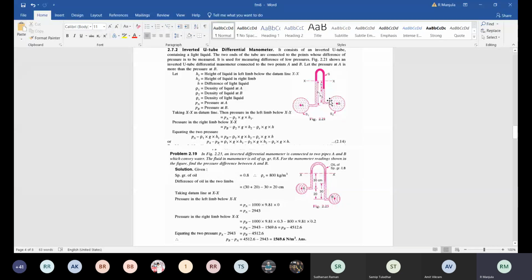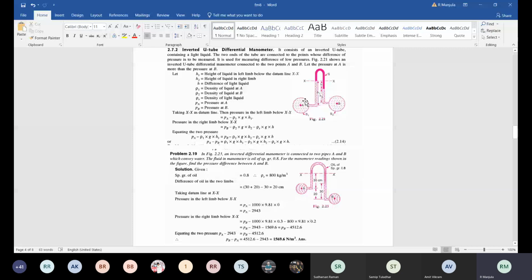Similarly, ρ1, ρ2 and ρg, pressure at A and pressure at B. Now taking Xx as the datum line, the pressure in the left limb above Xx will be PA, the pressure at A, but here this is inverted, and hence whatever value comes is below the atmospheric pressure, so it will obviously be negative. So PA minus ρ1 g H1 is the pressure on the left limb.